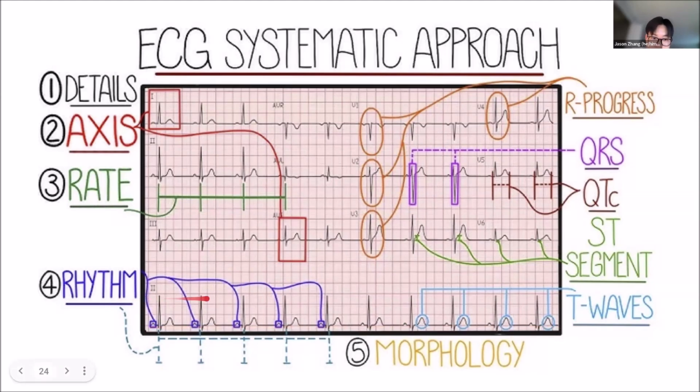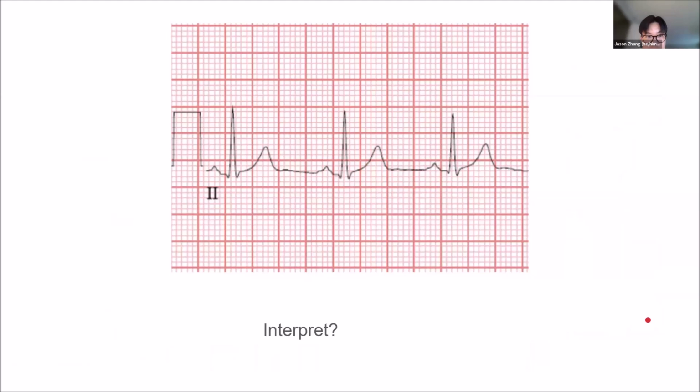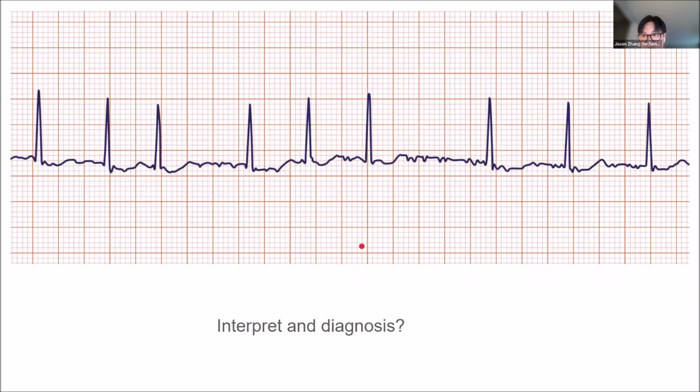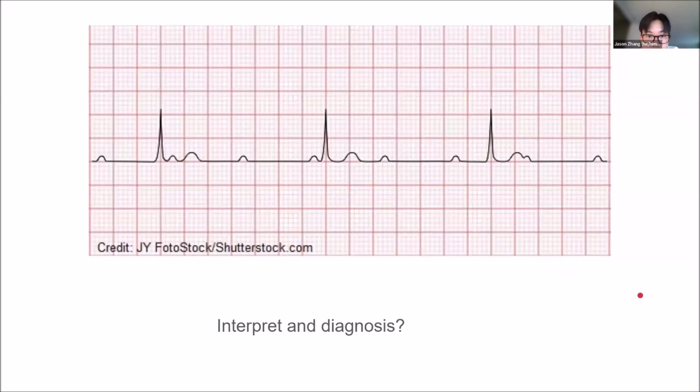Assuming this is a 10-second strip, there are 9, so the rate is roughly 54. And you should know it's not sinus rhythm and the rhythm is irregular, or more specifically, irregularly irregular.